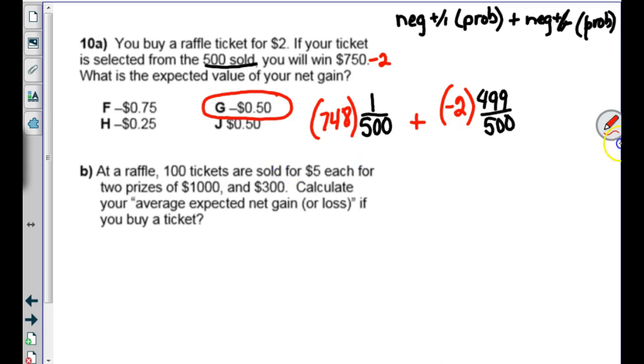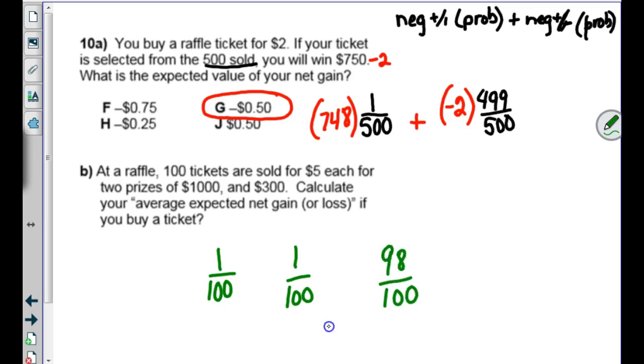All right, another raffle one, since that's what's on the quiz. I gave you 2 examples. 100 tickets are sold for $5 each. There's 2 prizes, though. Okay, so there's a 1 in 100 chance that you win the $1,000, and there's a 1 in 100 chance you win the 300, and then there's 98 tickets left over that are losers.